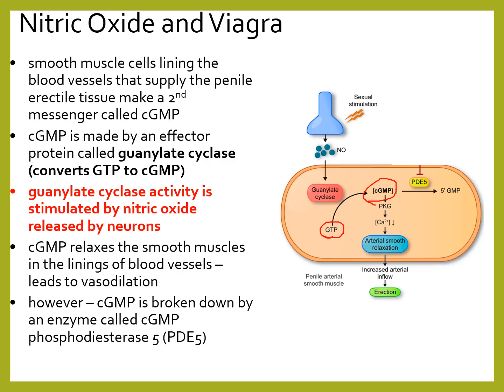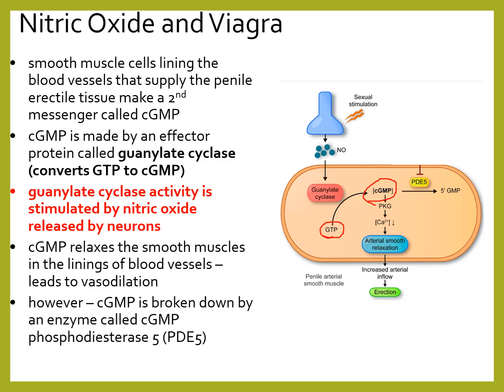So again, lots of commonalities. Guanylate cyclase activity is stimulated when neurons release nitric oxide. The nitric oxide dramatically increases guanylate cyclase activity, and you get a whole bunch of cyclic GMP made inside the smooth muscle cells that line the blood vessels supplying penile erectile tissue.